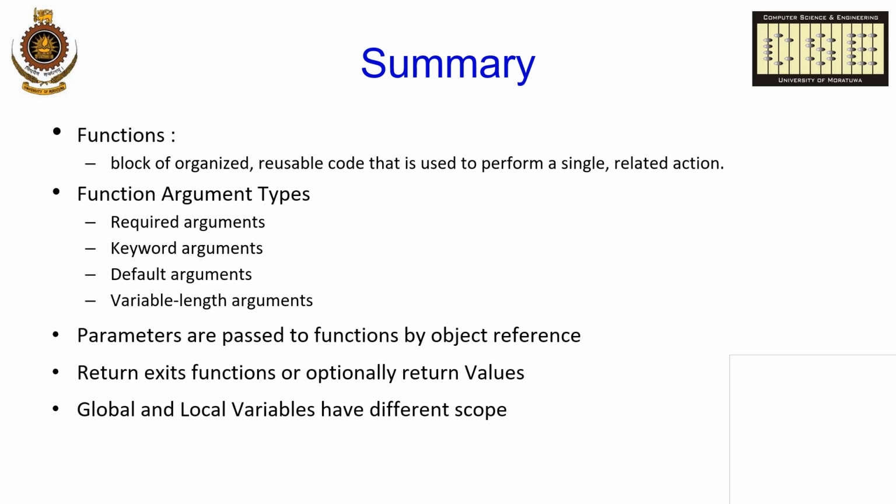We learned about 4 different kinds of function arguments: required arguments, keyword arguments, default arguments, and variable length arguments. Then we discussed how parsing of these arguments is done with functions. We pass arguments by object reference.